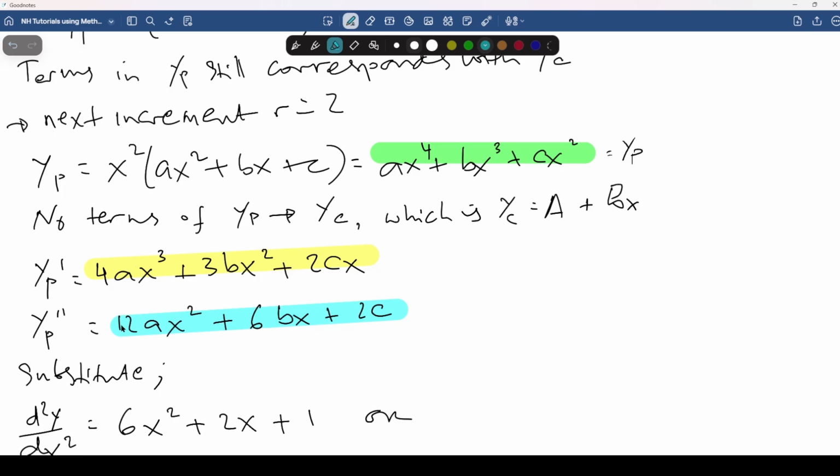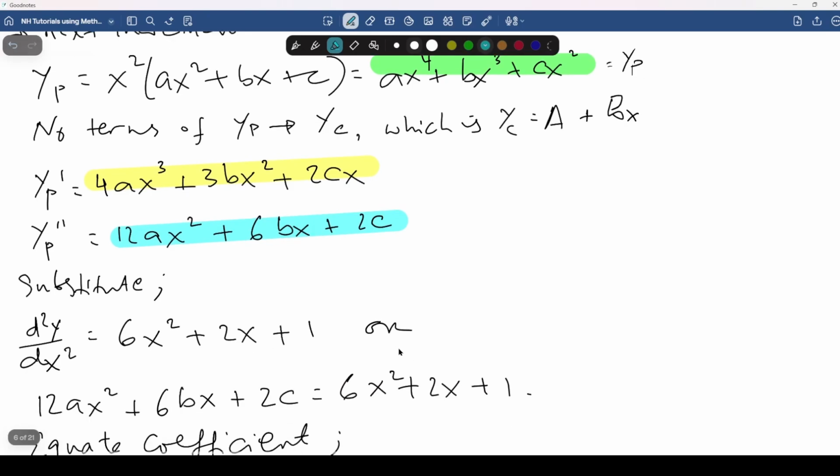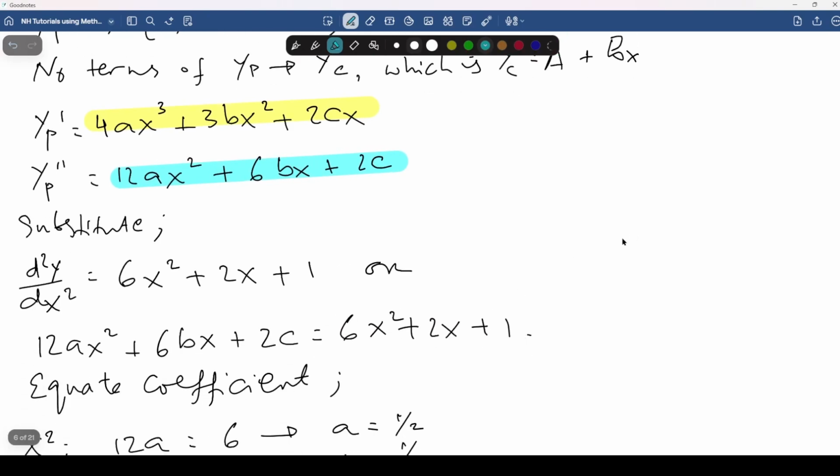Then we substitute into the original differential equation, which was d squared y over dx squared equals 6x squared plus 2x plus 1.